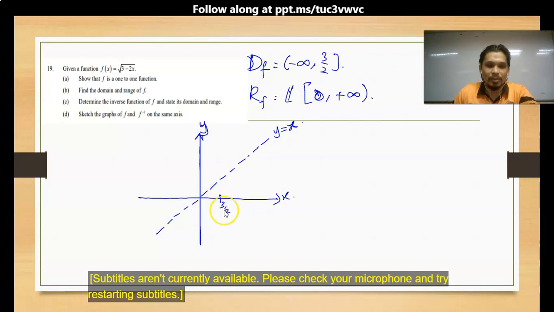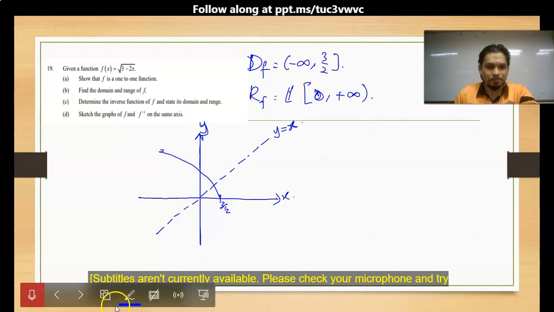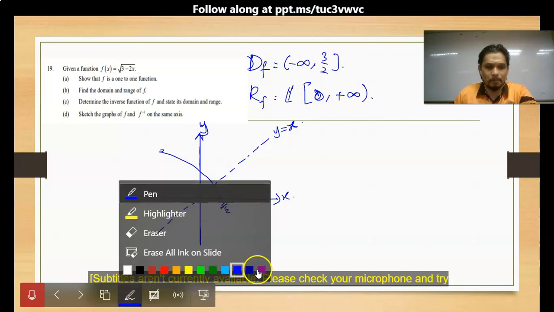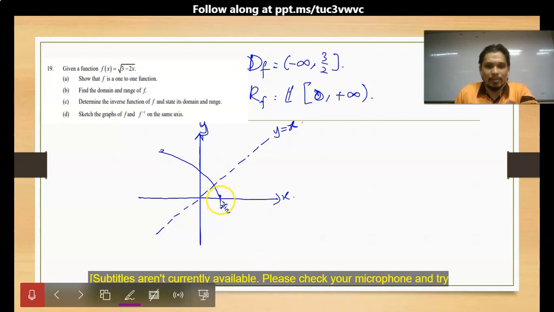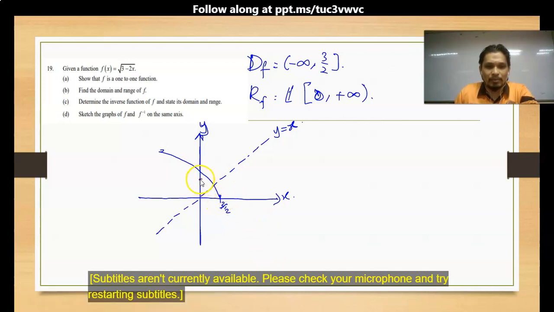Okay, 3 over 2, and the graph is something like this. Okay, now if I bring this 3 over 2 here, and this intersection here, it's going to be something like this.